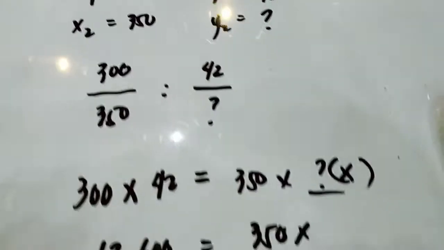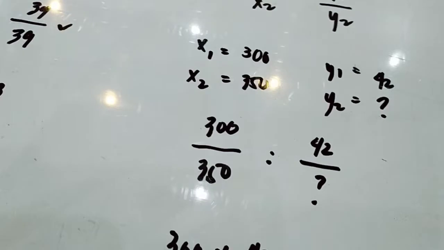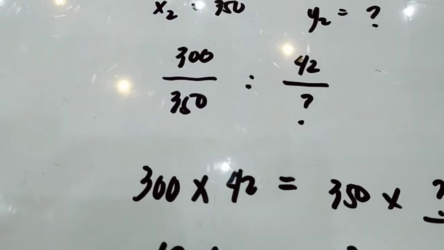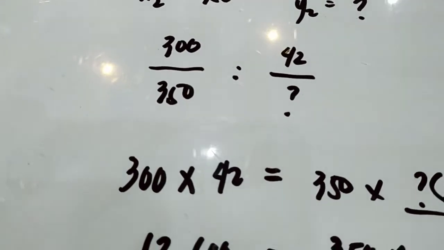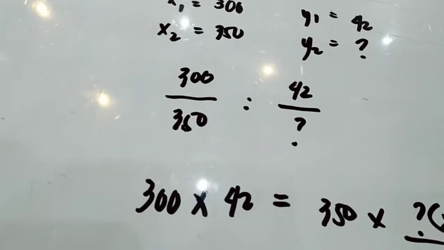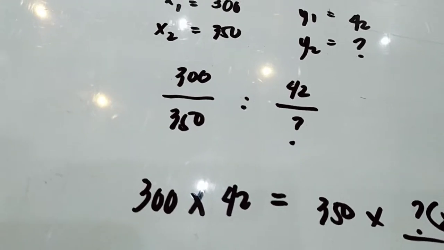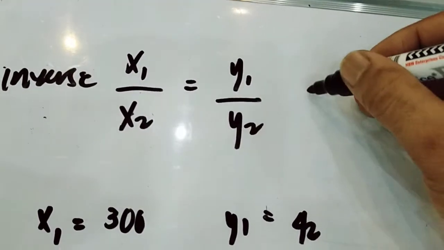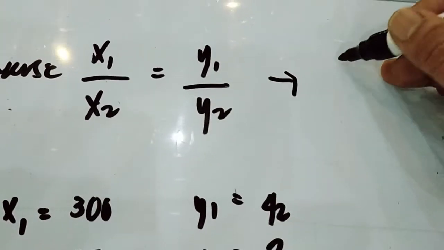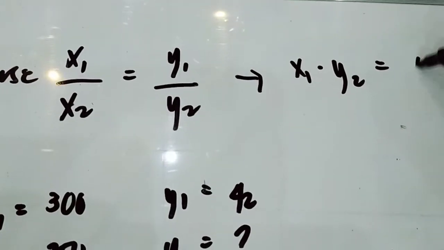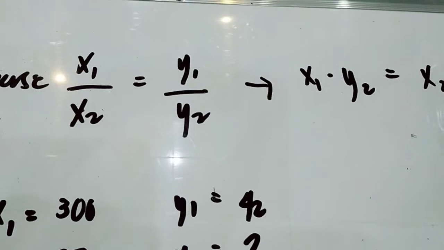Here we multiplied 350 by 42 over 300. We can express this as x sub 1 multiplied by y sub 2 is equal to x sub 2 multiplied by y sub 1. The same is true with direct.